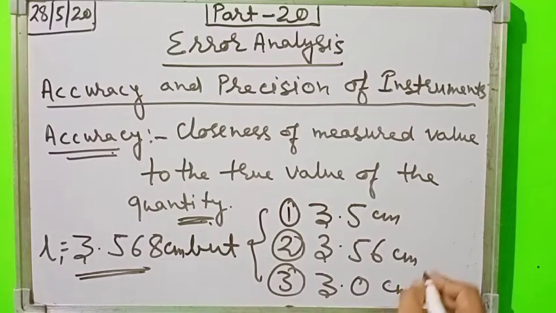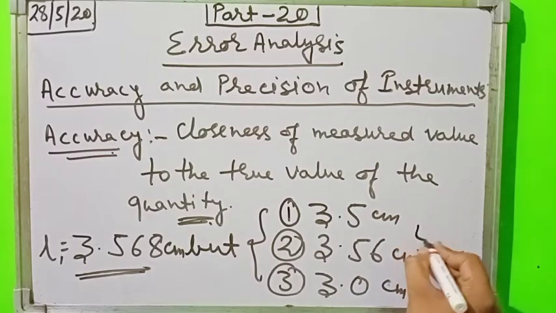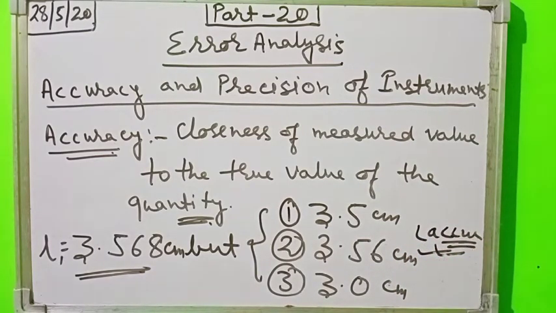Obviously you will say that 3.56 is much closer to our measured value, that is 3.568. So this is the accurate value, or this is the accuracy. This means the instrument by which you had measured this value has greater accuracy as compared to these two values. So this is the meaning of accuracy.